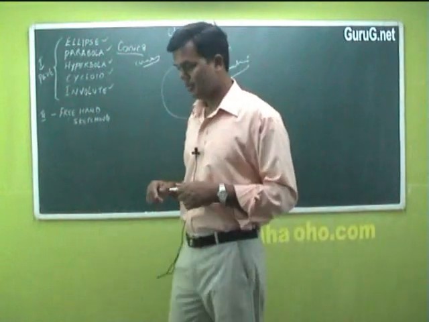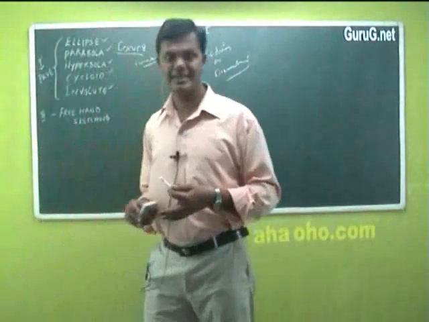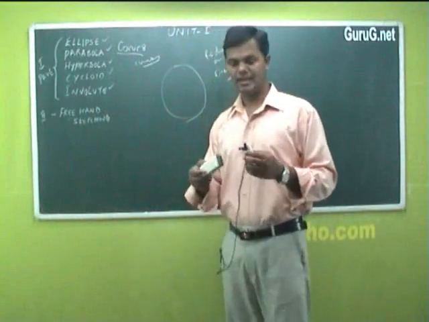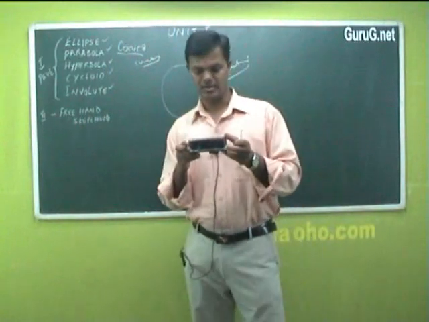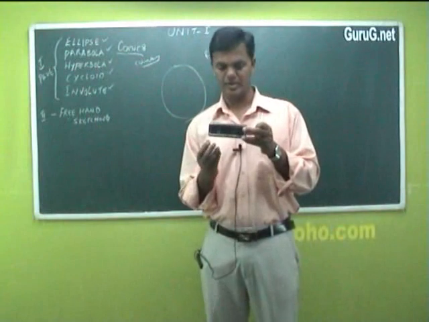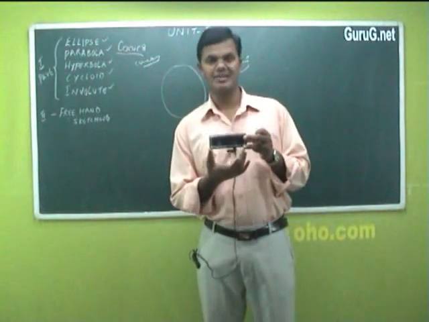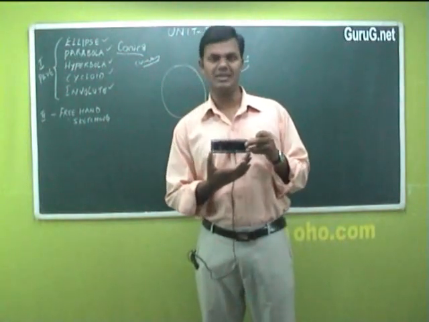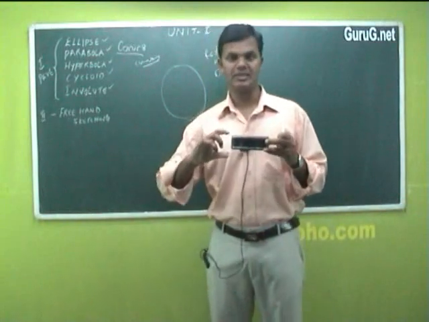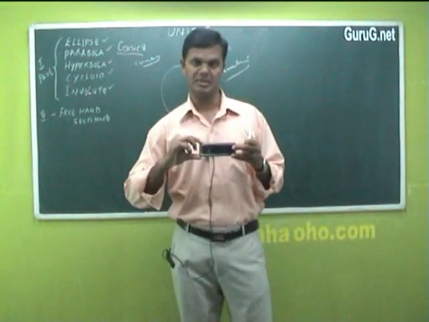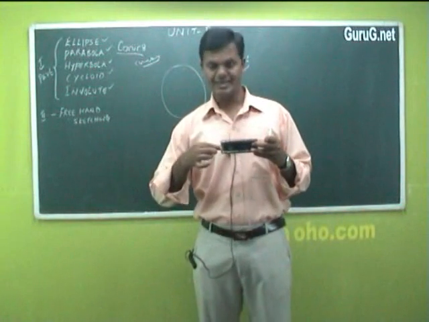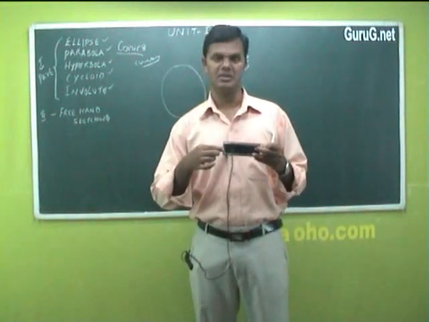For freehand sketching, see, this duster has some dimensions. It has a length, maybe about 15 centimeters, a width of around 5 centimeters, and a thickness of some 3 centimeters.